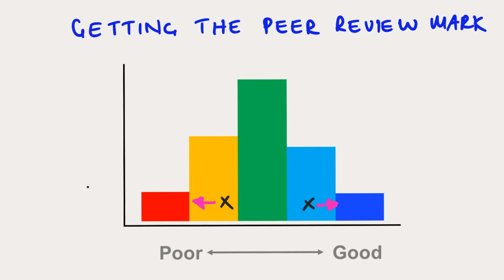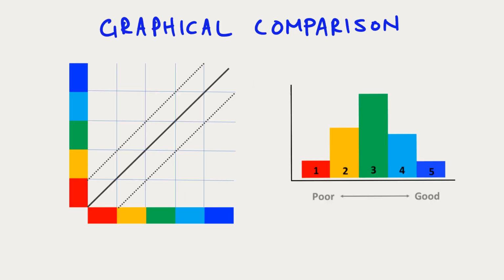But we've got some parameters to adjust, and for each peer rating that you've done, we basically shift your position according to how the other students rate you. And as the semester progresses, you basically move around in a bin, and then we end up with a final peer review mark. So I just want to spend some time on this.